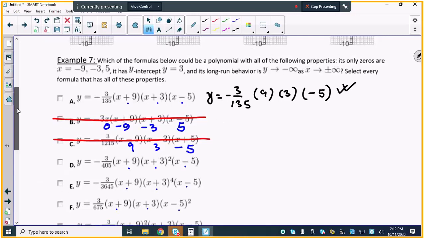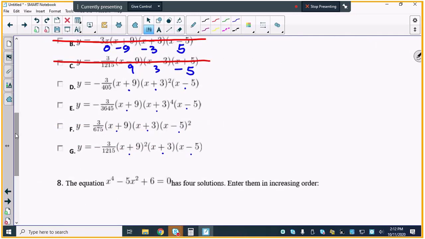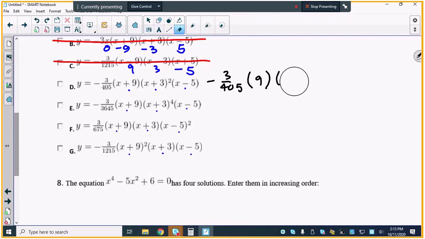Let's go to D, the fourth one, and do the same thing. So you have negative 3 over 405 times 9 times, if I put x equal to 0, I get 3 squared times negative 5. So let's work it out.